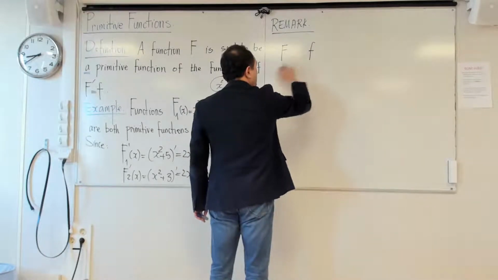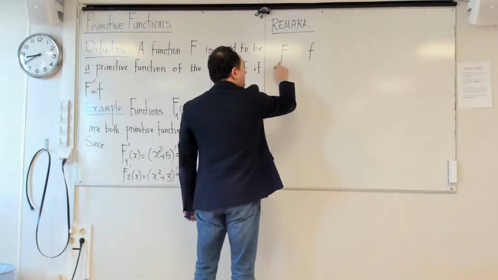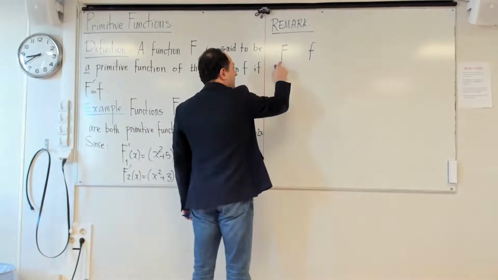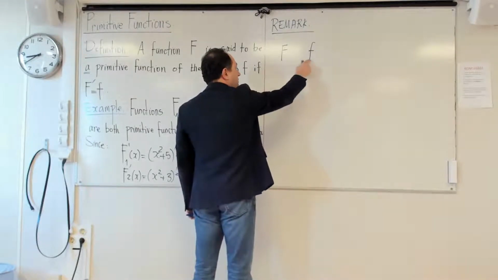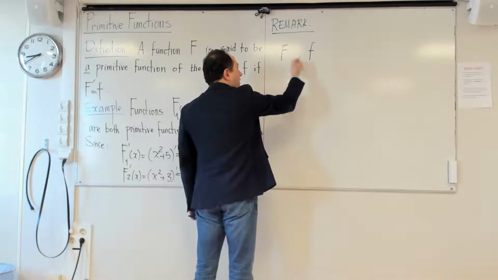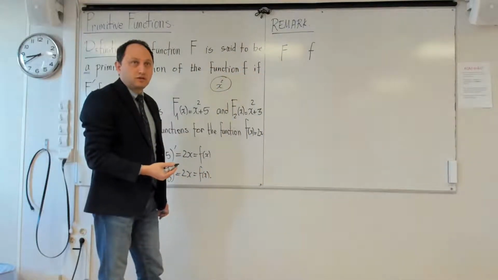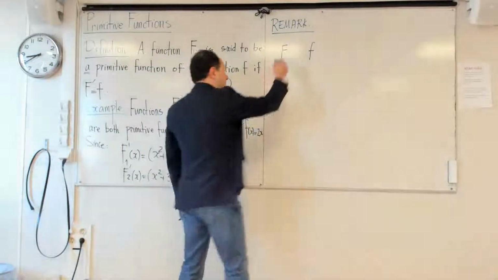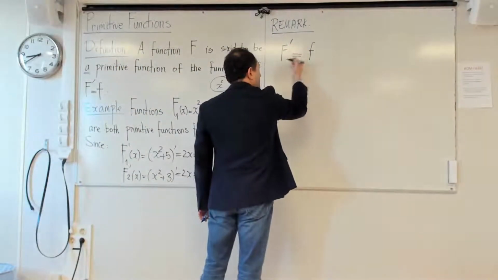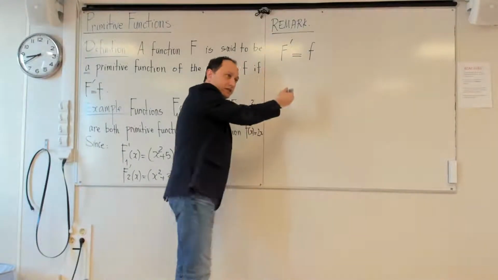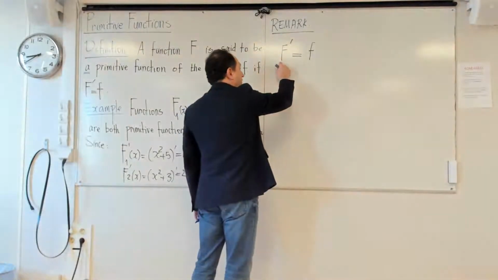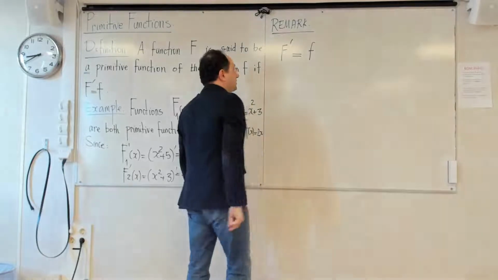Translate this sentence into mathematical symbols. When I say capital F is a primitive function for f, what do you understand from this sentence? Yes? That capital F prime is equal to f. Okay, so this is the mathematical way of expressing the same fact: the capital F is a primitive function of f.